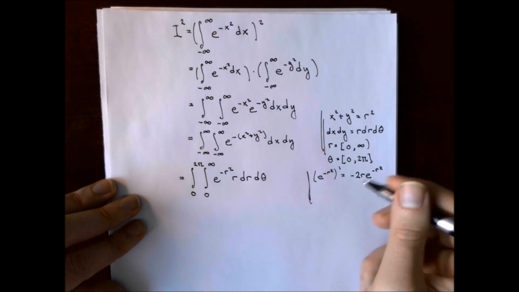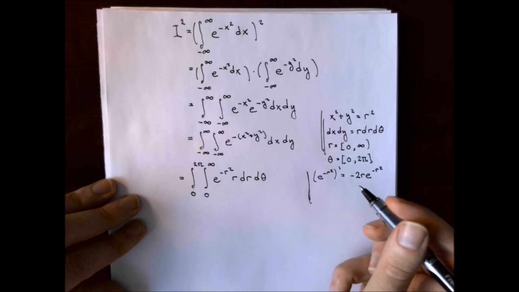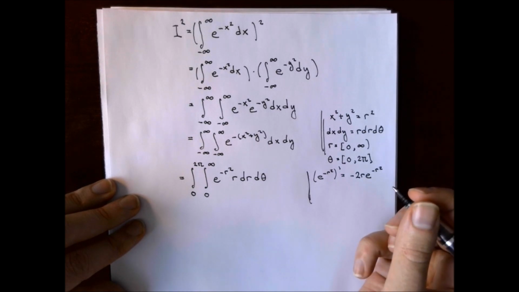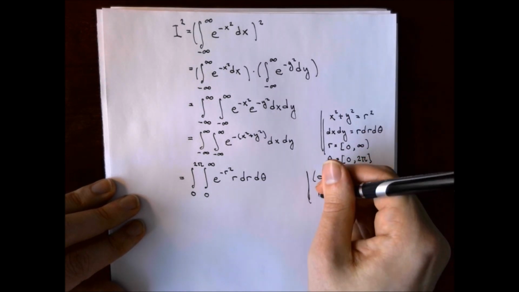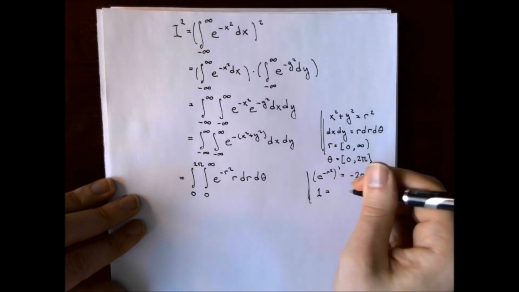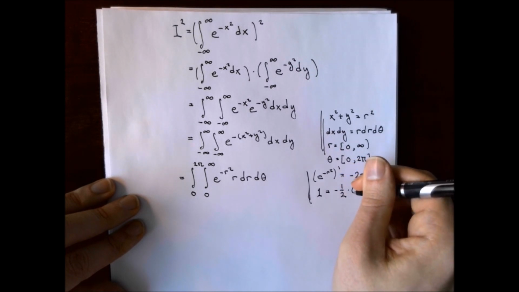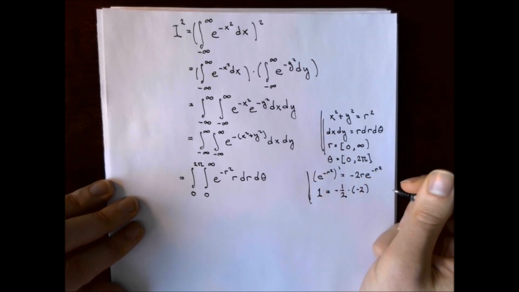Now what we need to do is to get this minus 2 inserted here. We already have the r present. So what we're going to do, we're going to multiply this with 1 in the form minus 1/2 times minus 2.